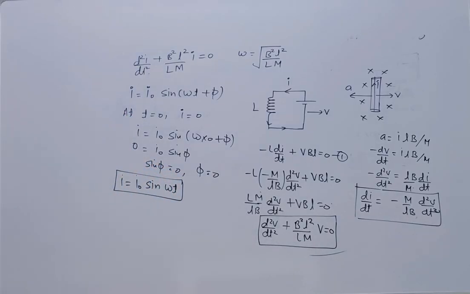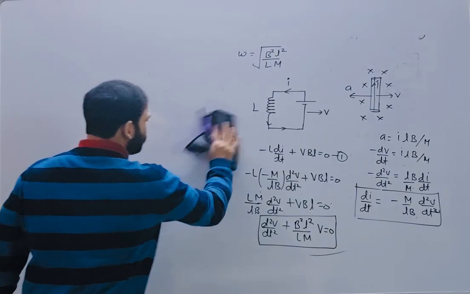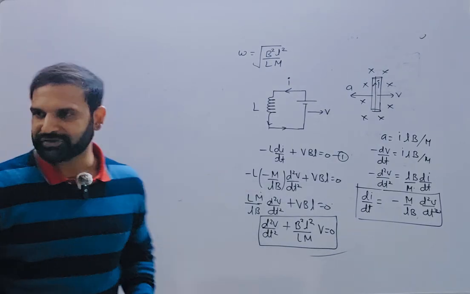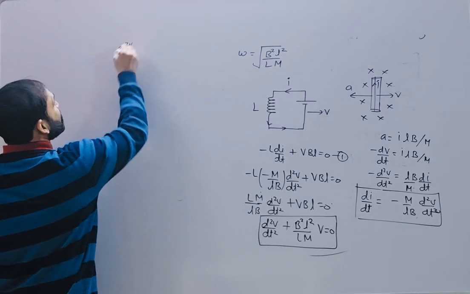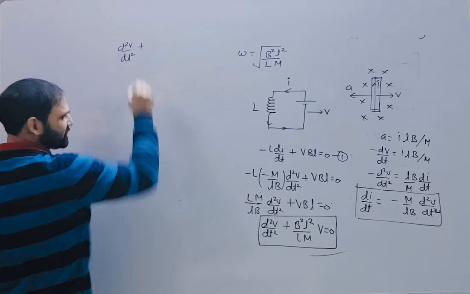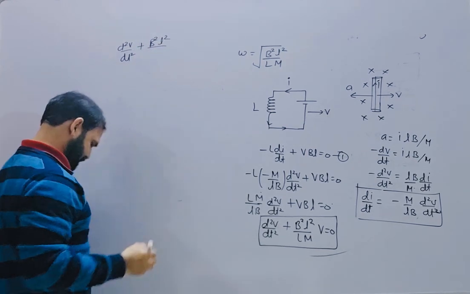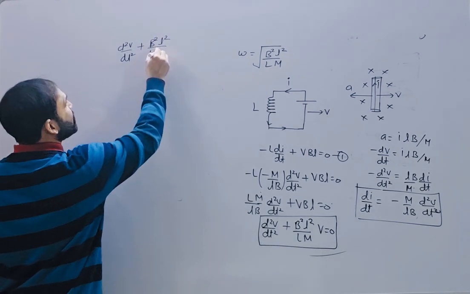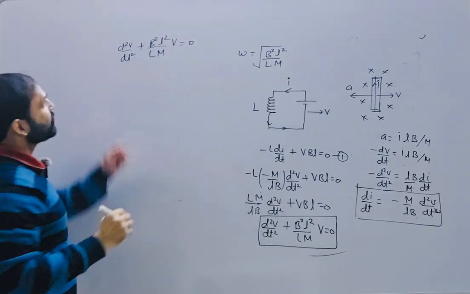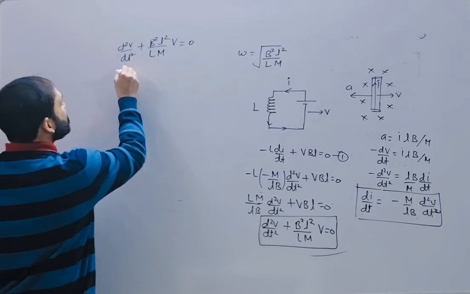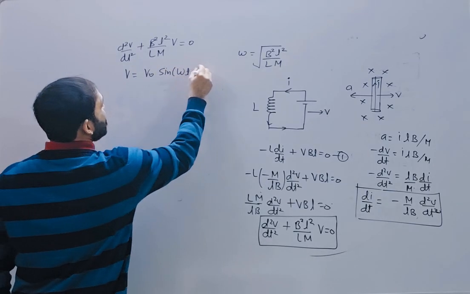Now from the given equation we can find the amplitude of the rod. This equation, d2v by dt square plus B square L square divided by Lm multiplied by v is equal to 0, is the general equation of SHM. So we can write v equals v naught sine (omega t plus phi).